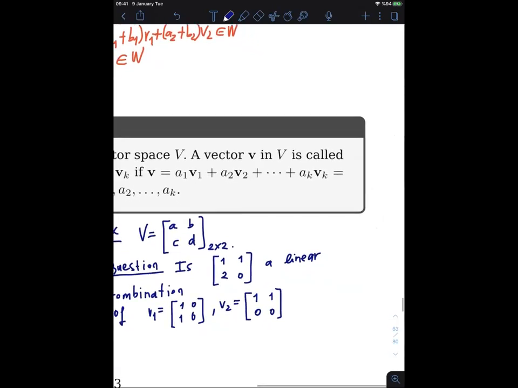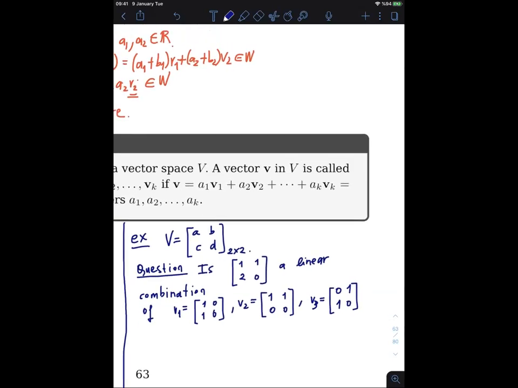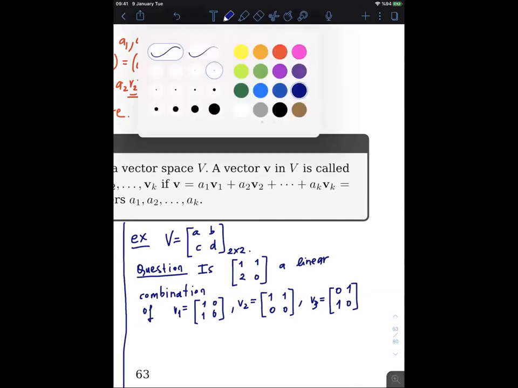And let's write the third one, which is 0, 1, 1, 0. I don't know the answer. I think the answer will be yes. So is this given matrix a linear combination of these three matrices?